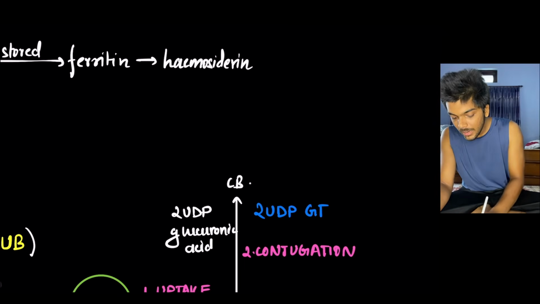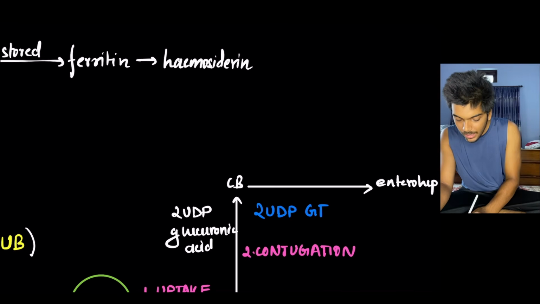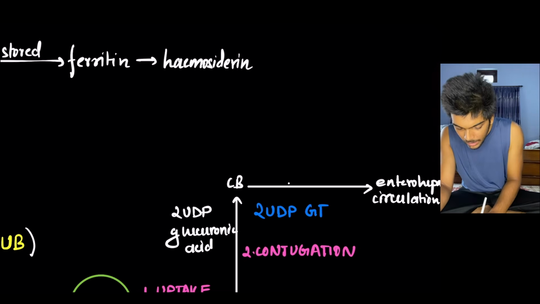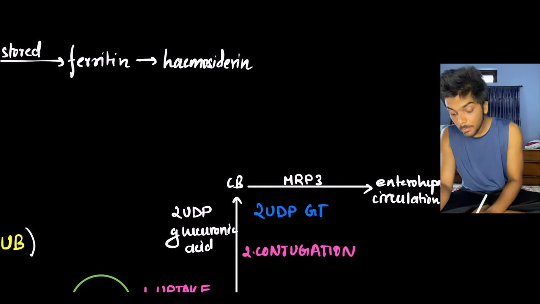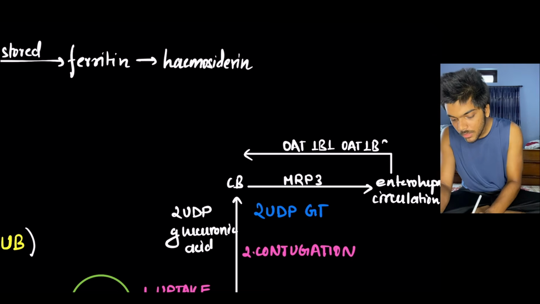One, it can enter into the enterohepatic circulation, via multi-drug resistant protein 3. But then it returns back as well. It returns back with the help of OAT1B1, OAT1B3. See here.